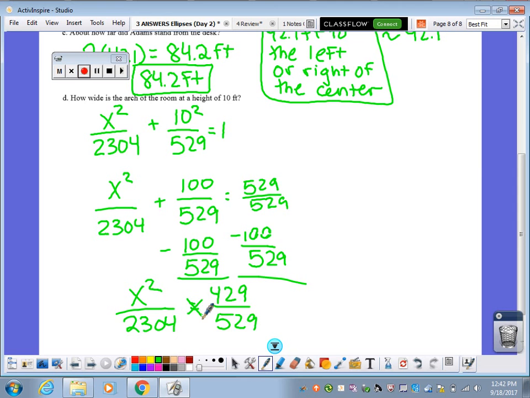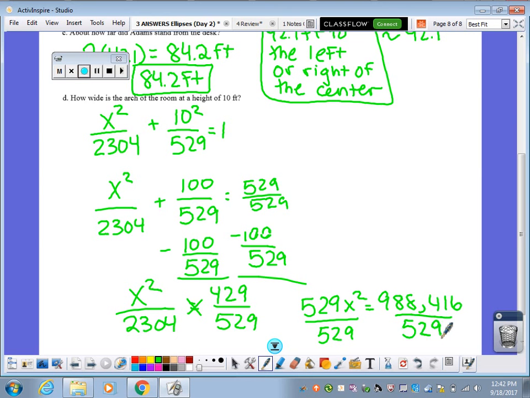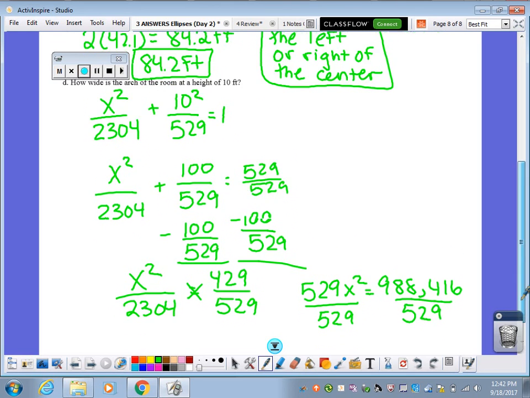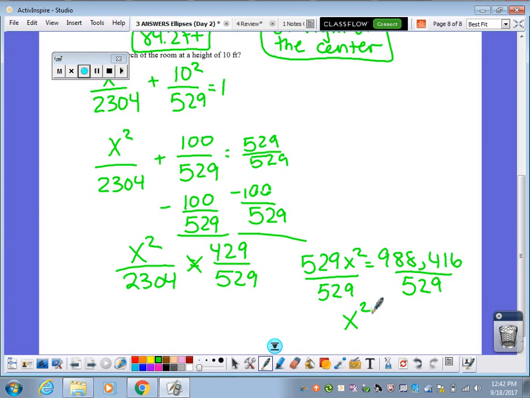We cross multiply. We get 529x squared is equal to 988,416. Divide both sides by 529. And we get x squared is equal to 1,868.46... And then our x is equal to approximately 43.2.